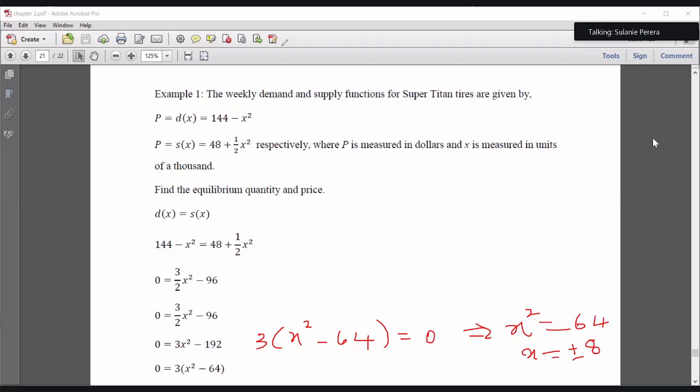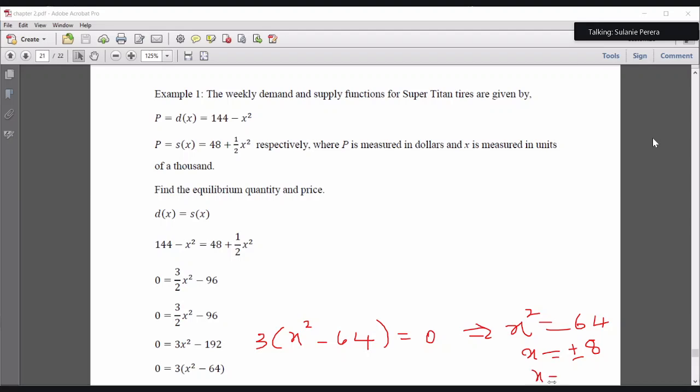So there are two answers now. Out of this, which answer should we select? x equals 8 or x equals minus 8? x equals 8. Why is that? Because the quantity can't be negative.